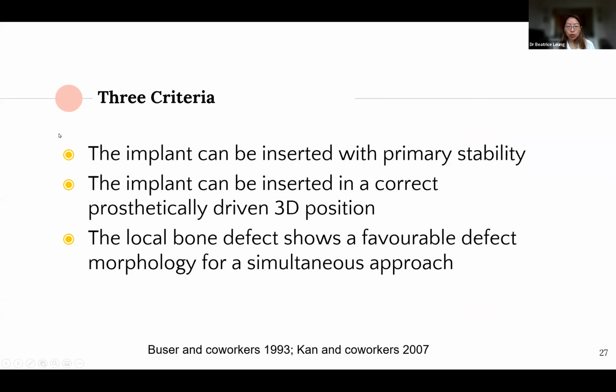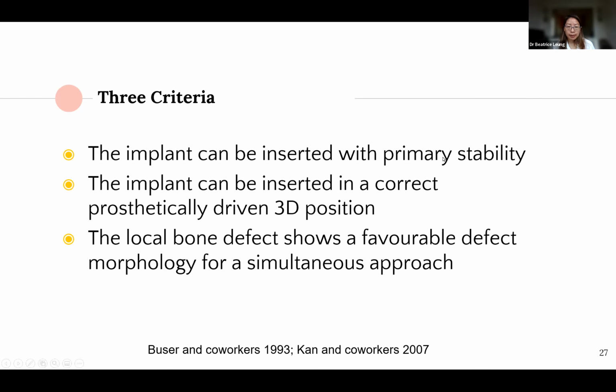In order to make this work, you have to meet three criteria. If you are going to extract the teeth, you must be able to place the implant with primary stability. This is definitely not a protocol for new dentists just starting to place implants, because it takes a while before you really understand how to get primary stability, how to manipulate the bone, how to prep the site, and how to engage the bone.